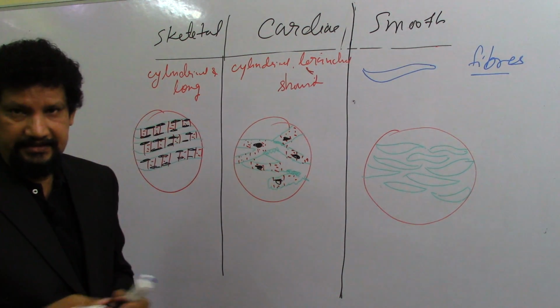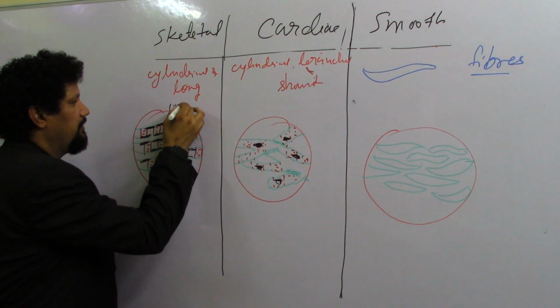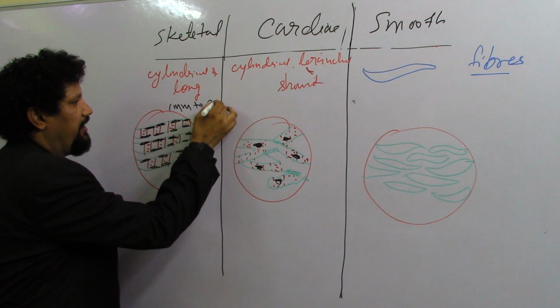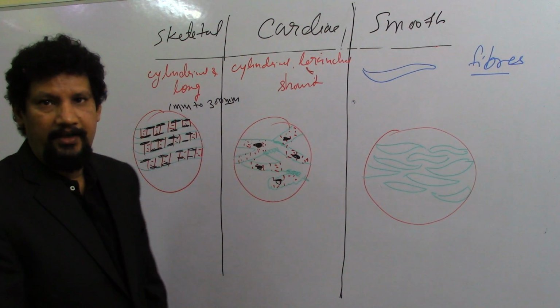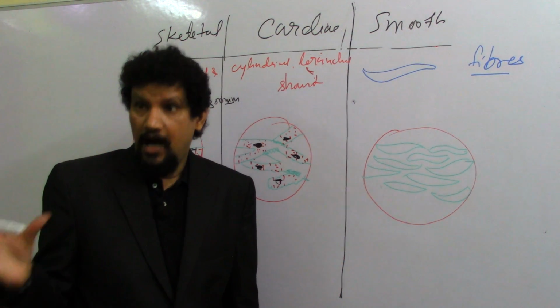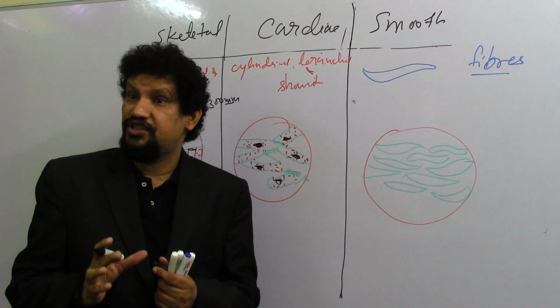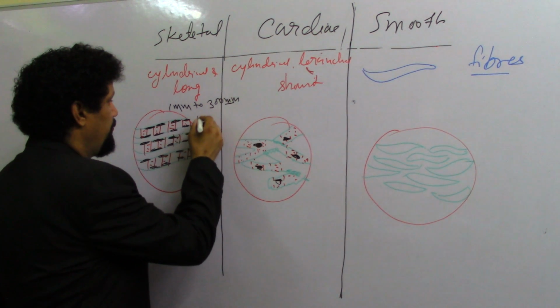In small muscles they may be from 1 millimeter up to 300 millimeter generally, but the fibers may be up to 600 millimeter, that is up to 60 centimeter in case of skeletal muscles.